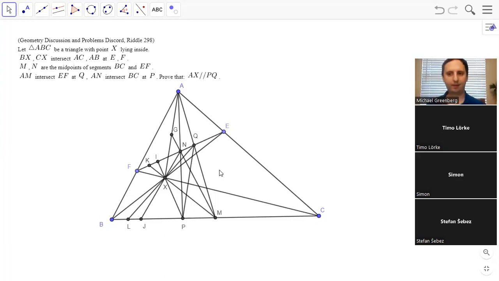Oh, wait. All these cross ratios make me dizzy. Let's see. So we want to show GI and L are collinear.